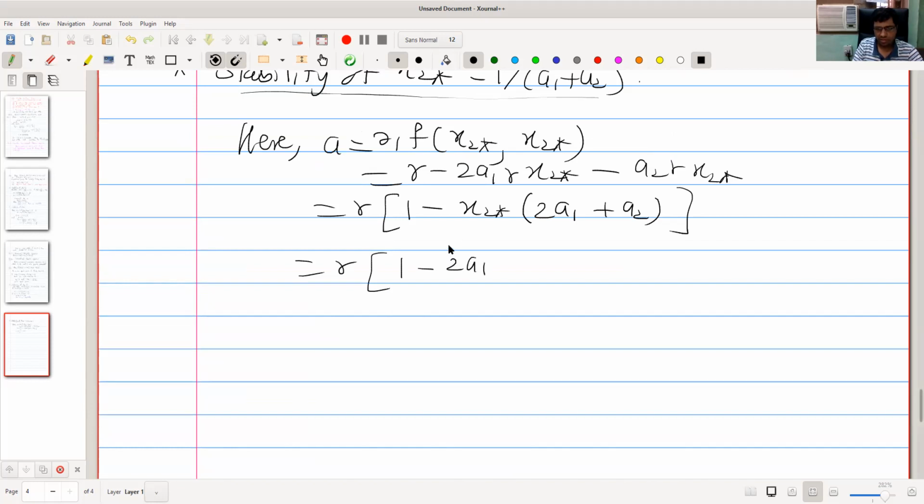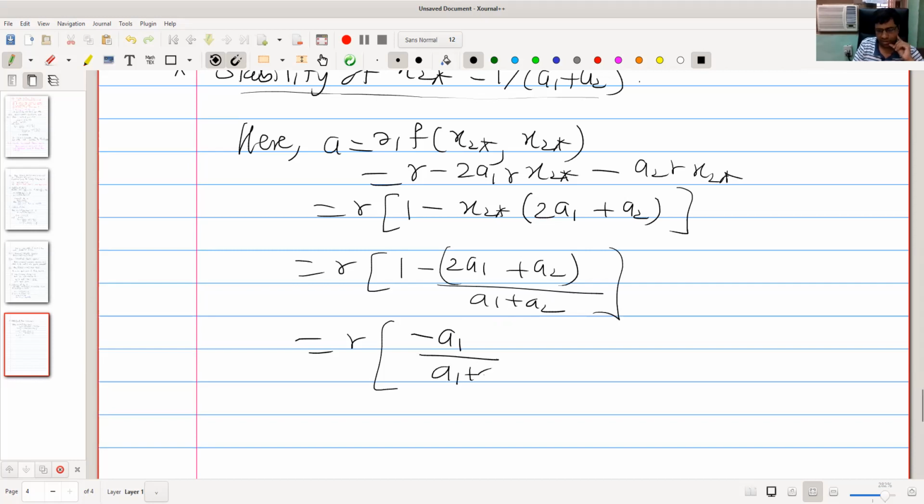We can simplify this: it is r into (a1 plus a2 minus 2a1 minus a2) over a1 plus a2. So simply the numerator is minus a1, divided by a1 plus a2. Okay, so this is a.